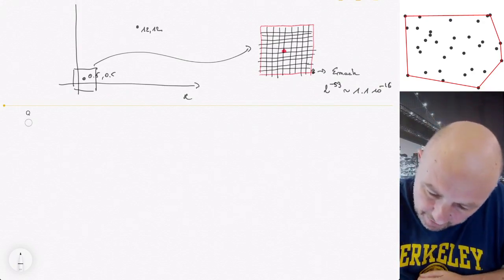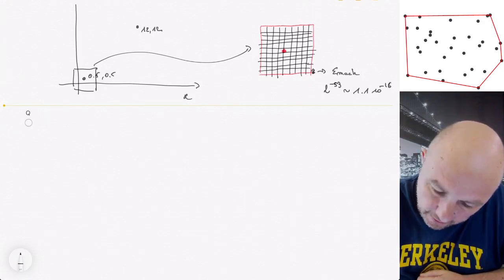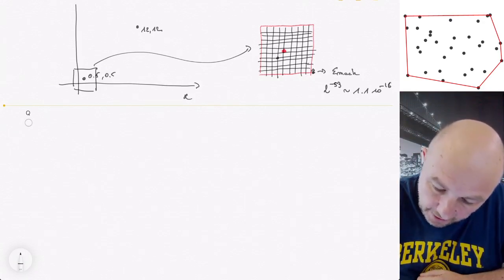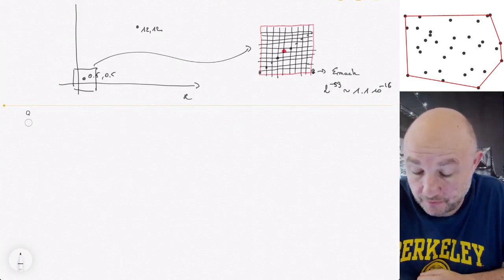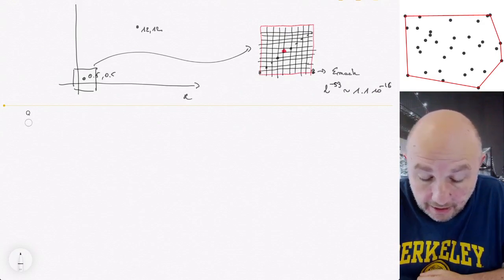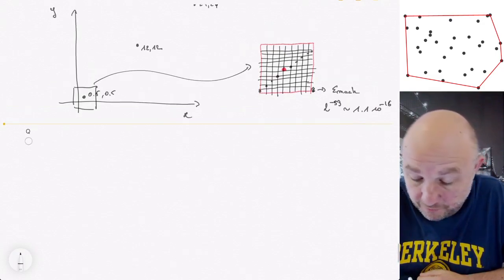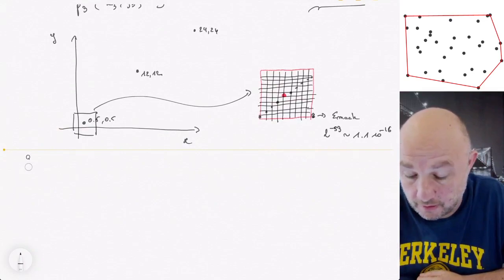So when you think about it, all the points on the diagonal of this grid, I didn't draw a right diagonal, but anyway, all those points are aligned with the 2 other points, 12, 12 and 24, 24.